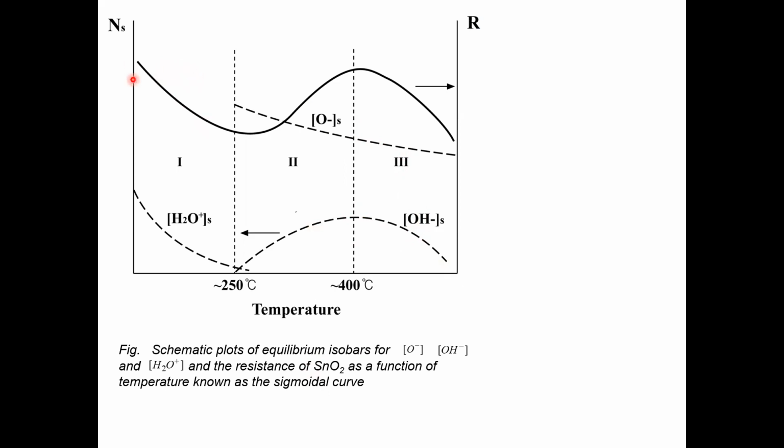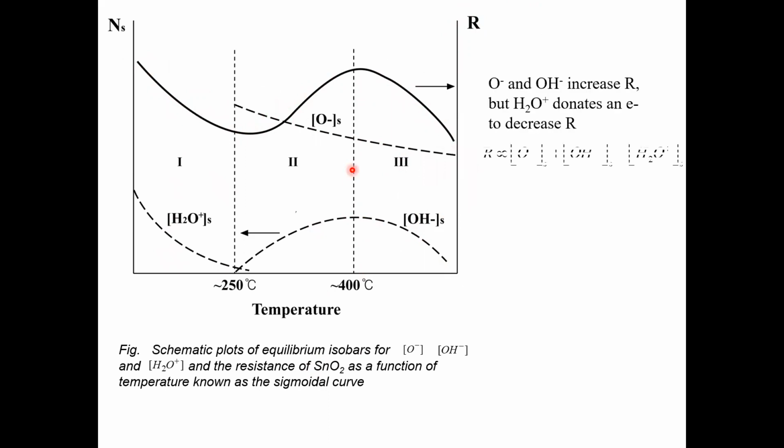And even the electrical conductivity or resistance of the material actually mimics this absorption behavior very well. And you know that the absorption of these different types of species will affect resistance in different ways. So oxygen absorption will raise the resistance, so will OH absorption, but water molecule absorption will actually decrease the resistance.